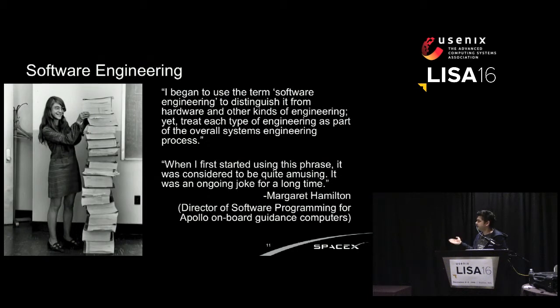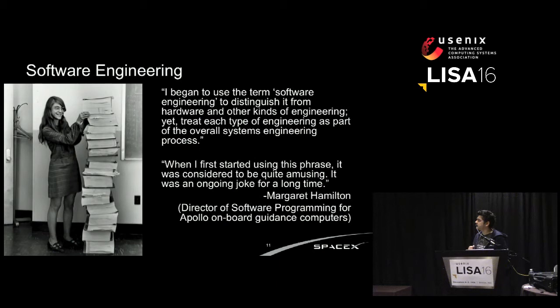Margaret Hamilton was the director of the software program for the Apollo guidance computer, and she has been credited with bringing the term software engineering into the forefront. She didn't necessarily invent it, but she used it a lot.